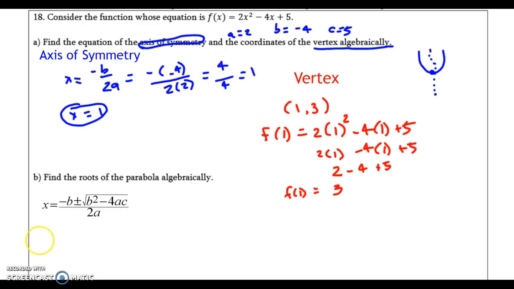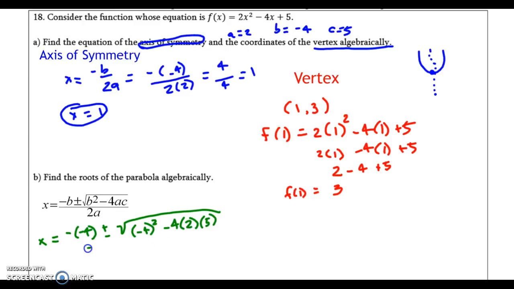So I know that x is equal to negative b, and the b value is negative 4, so I'm going to say negative 4, plus or minus the square root of, and this is going to be a long square root. B squared is negative 4 quantity squared, minus 4 times a, and I know that a is 2, and I also know that c is 5, so I'll plug that in there.